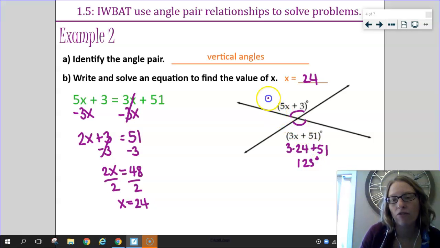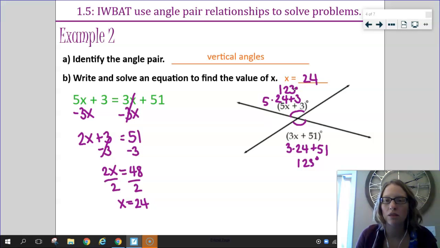When I plug in for the top part, 5 times 24, that should give me 120 plus 3. Notice that my vertical angle on top is also equal to 123 degrees, so I can tell that I did the problem right since my two vertical angles end up being equal.